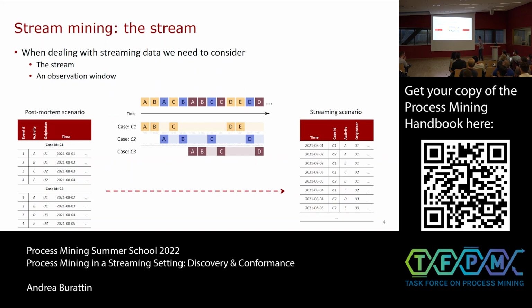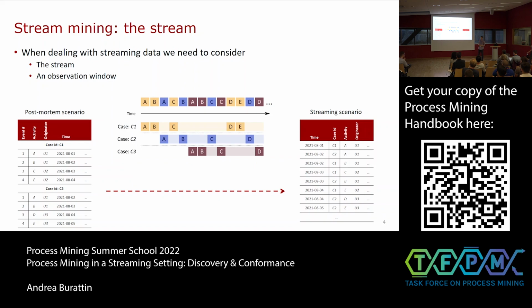But in a streaming setting, because the events are produced when the event is actually executed in reality, you completely lose this capability of grouping your events per case, because the main element here is the time, and the fact that all your events are sorted by time.